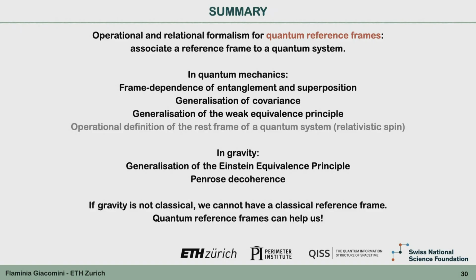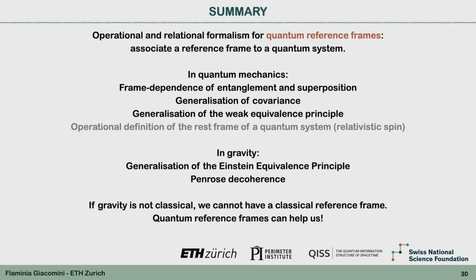So I started by introducing a formalism for quantum reference frames that we call foundational, perspectival, operational in the sense that we want to assign an operational meaning to the quantities that we write down, and relational. The core is that we associate a reference frame to a quantum system, and we make everything relational.